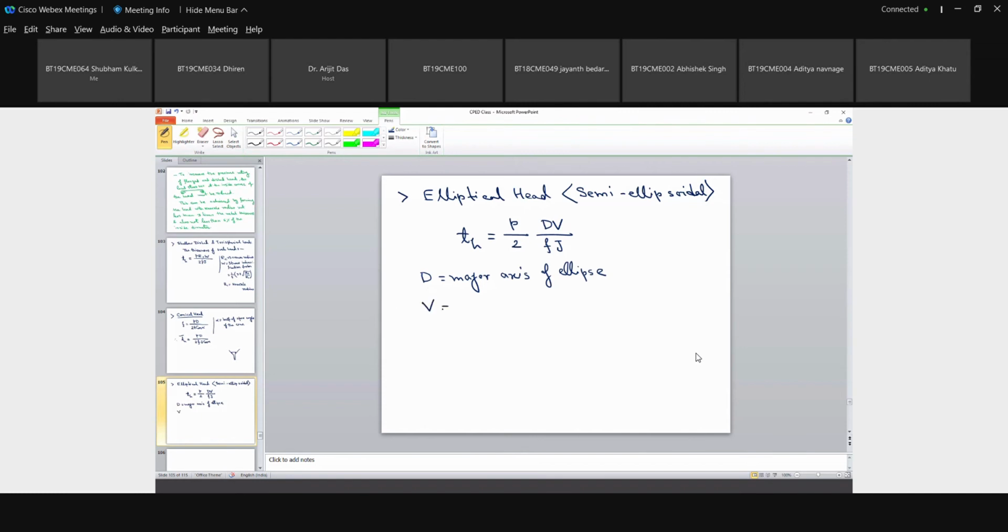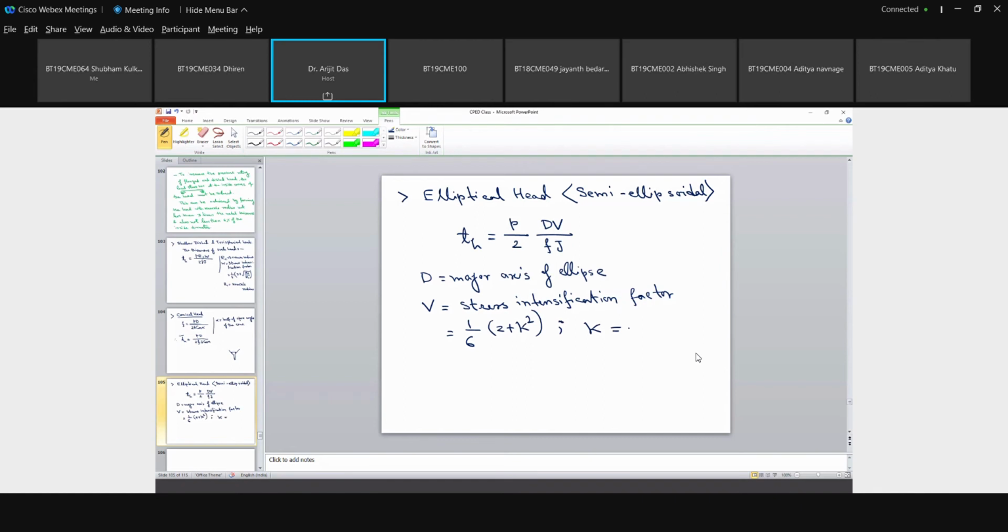V is again the stress intensification factor, and the value for semi-ellipsoidal is 1 upon 6 times (2 plus k square). What is k?